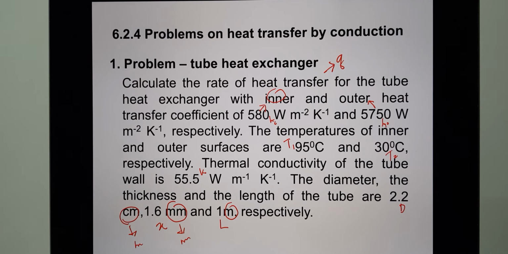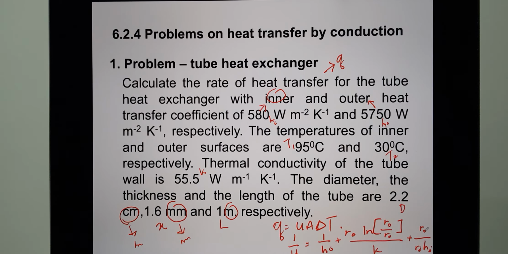So what you need to do is use the equation Q equals UA delta T. And since we are going to deal with a cylinder, you need to use the equation 1 over U equals 1 over H0 plus R0 times ln R0 over Ri, per K, plus R0 per Ri Hi.